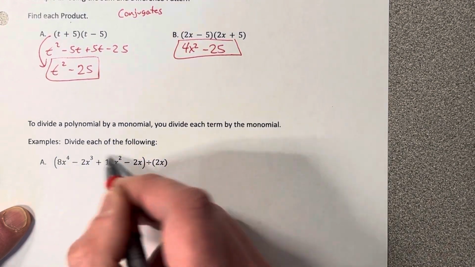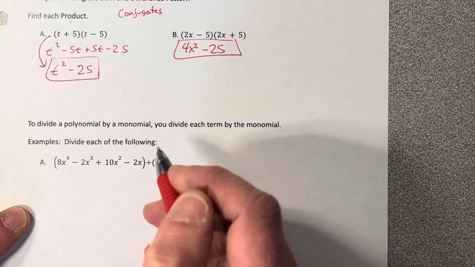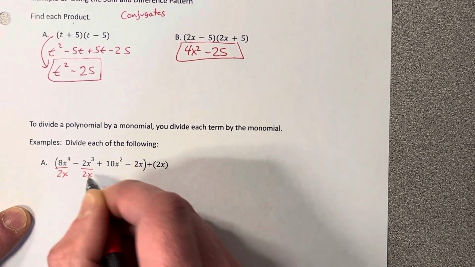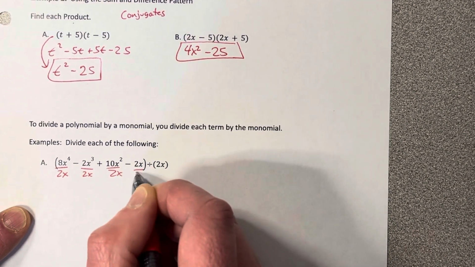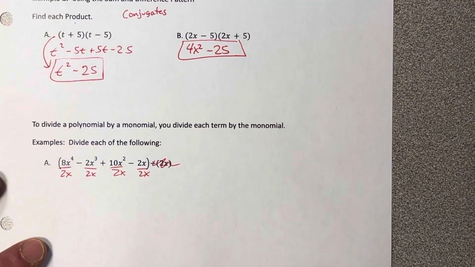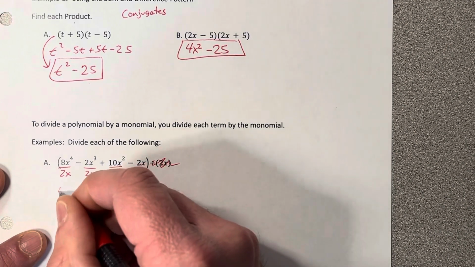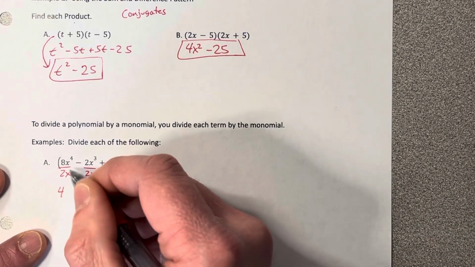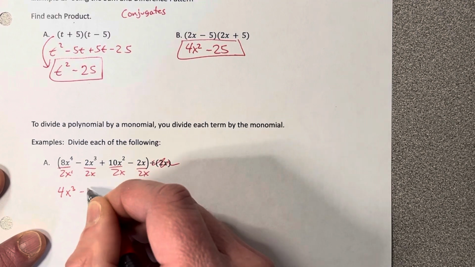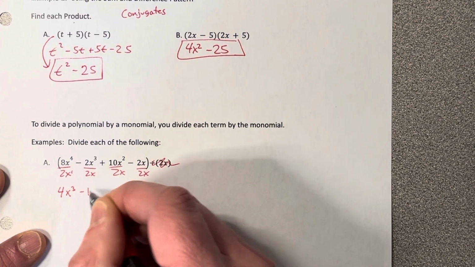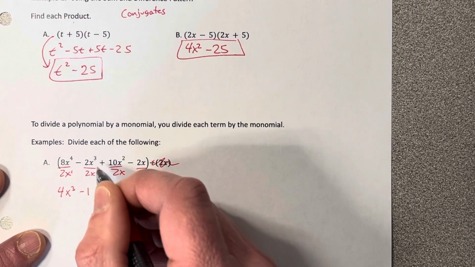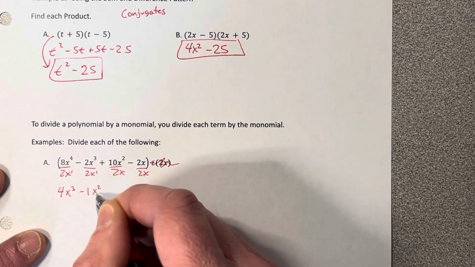Since this whole polynomial is divided by 2x, I'm going to divide every term by 2x. That's going to give me 4, and then I subtract the exponents, x to the third, negative 1, I don't have to write the 1, but negative for sure, and then subtract the exponents, x squared.